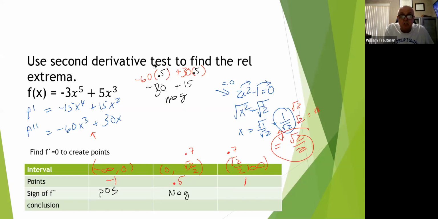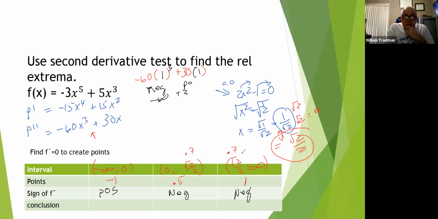Well, let's go through the whole process. When I plug 1 in here. Oh, wait, I was supposed to do the third power. I didn't do that. 1 to the third power, I'm sorry, is negative and positive. So that's negative 60 plus 30. So this is negative.